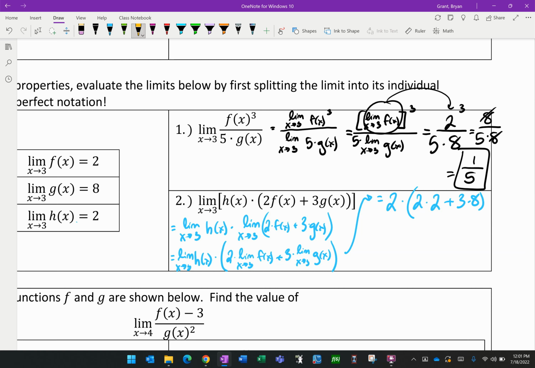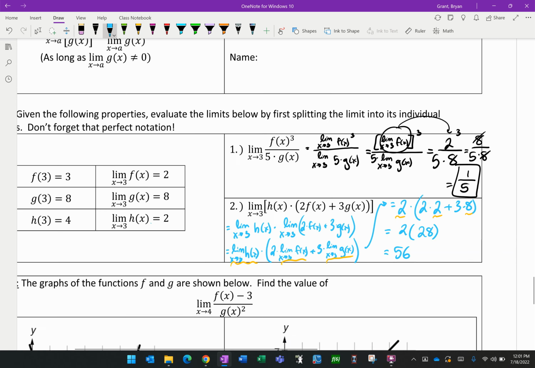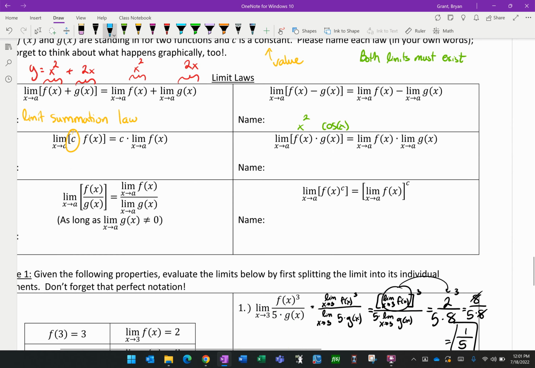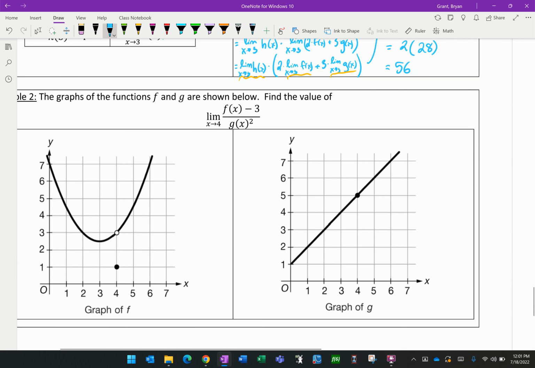So I went through and replaced the limit for h of x, the limit for f of x, and the limit for g of x. And now we go through and start to simplify. The inside is 4 plus 24, it's 28, and 2 times 28 looks like 56. Nothing too bad, just using those limit laws above to break everything down.